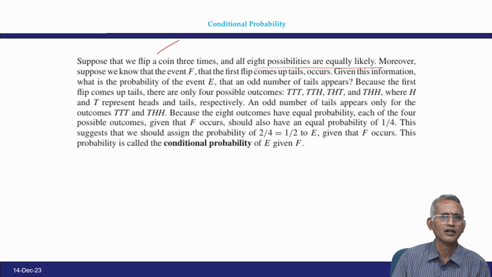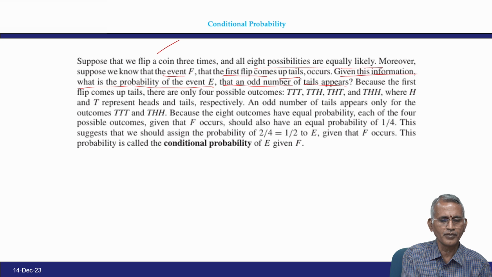Moreover, we know that the event F, that the first flip comes up tails, occurs. Given this information, what is the probability of the event E, that an odd number of tails appears?